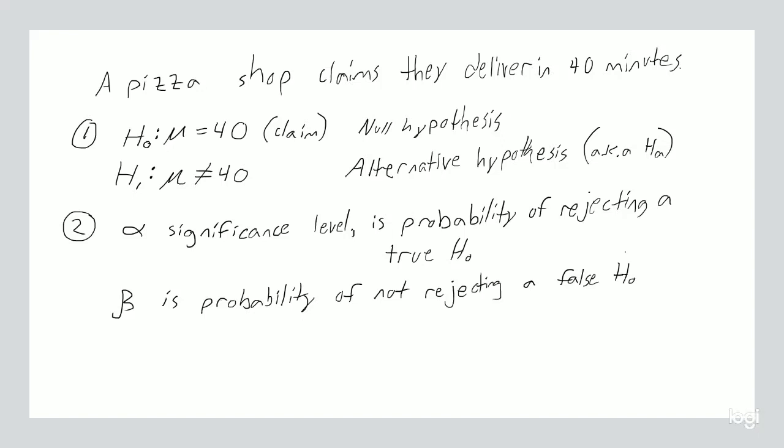Okay, the null hypothesis was false, the original assumption was false, you should have rejected it, but you didn't. Okay, so for example, if your null hypothesis is that a suspect is innocent, alpha is the probability of saying, you know what, they're guilty, when actually they were innocent. Whereas beta is the probability of saying, you know what, we're going to stick to our assumption, they are innocent, when in fact they were guilty.